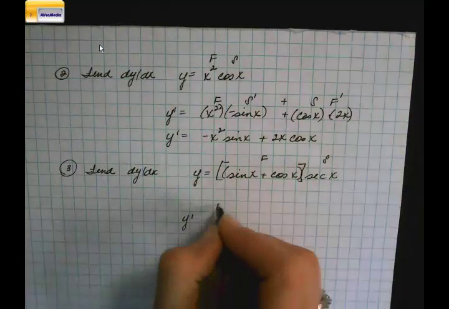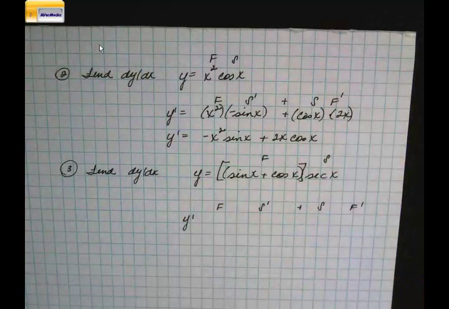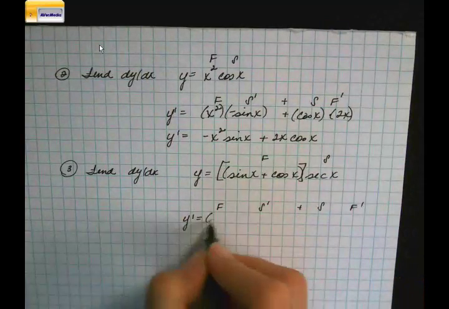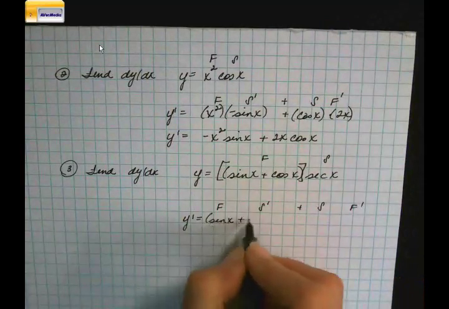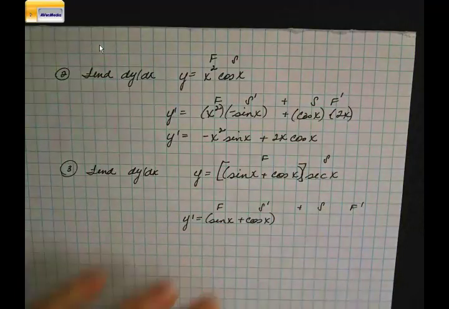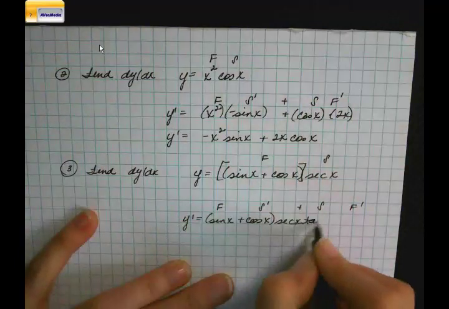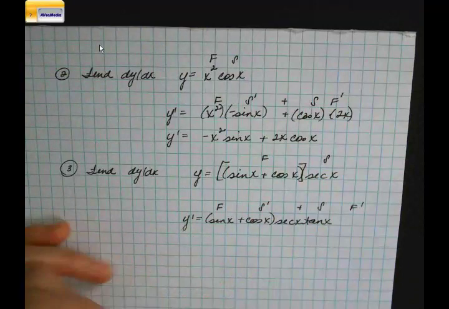So when I come in here to take the derivative, it'll be the first times the derivative of the second plus the second times the derivative of the first. Well, the first is sine x plus cosine x, and the derivative of secant x, isn't that tan squared x? No, it's secant x tan x. Okay, the derivative of the second, I don't have enough room here, is secant x tan x.